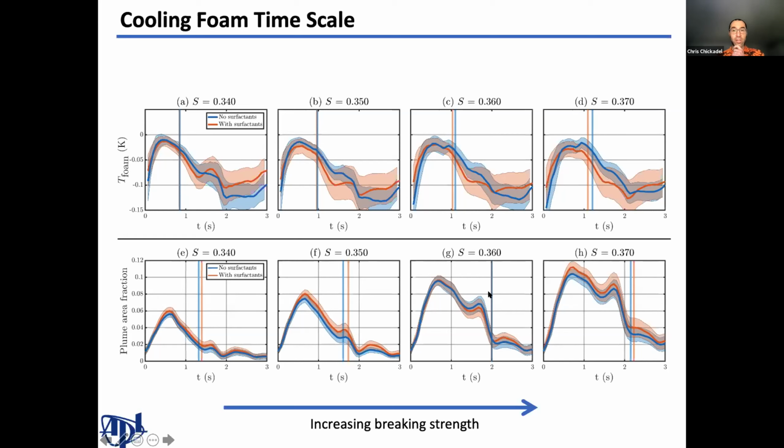Likewise, the plume area fraction is shown below, and it's the same plume decay time that's shown, though Naeem has zoomed in just to emphasize this time scale of the plume.